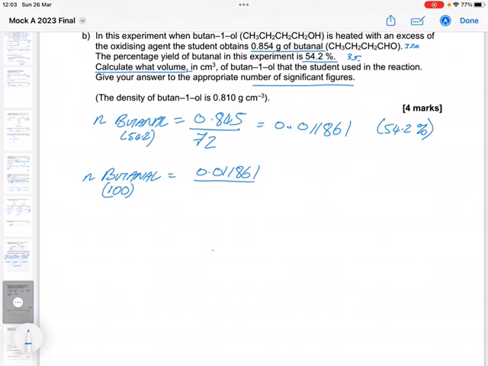Now if I divide by 54.2, that gives me 1%, and then if I times it by 100, that will give me 100%, and that equals 0.02188 moles there. So 1 mark for that, 1 mark for that. So that's how many moles of butanal I need to aim to make. It's a 1-to-1 ratio, so the number of moles of butan-1-ol will be the same.